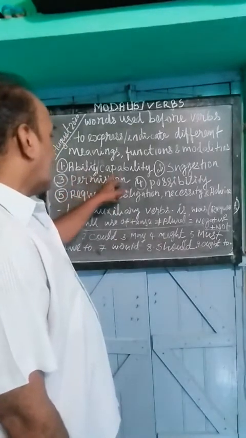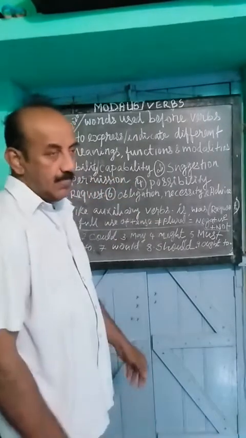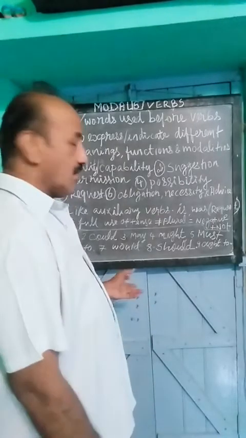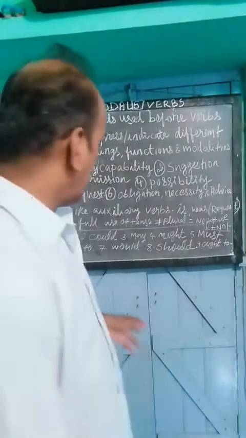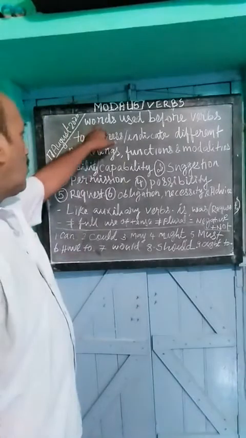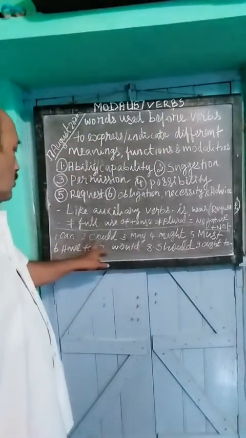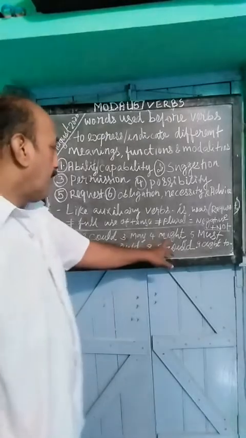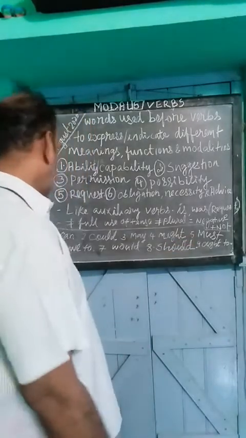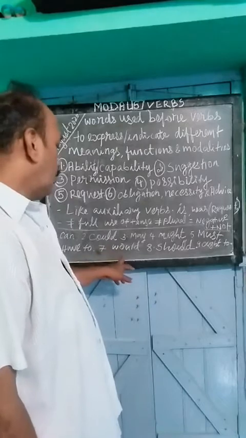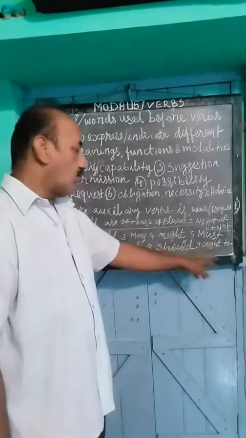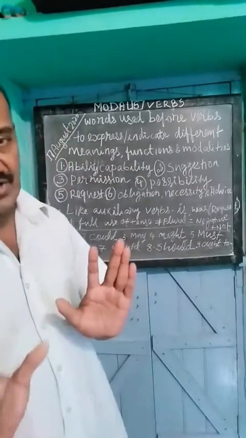The ability, capability. So, what are those words? I have written here. What are these modals, words used? That can, could, may, might, must, have to, would, should, ought to. 9 words are in your book.